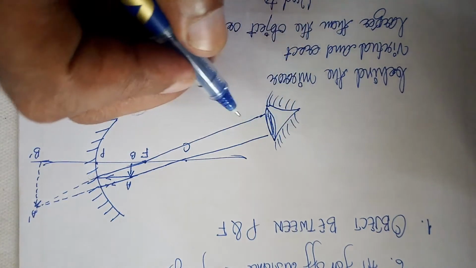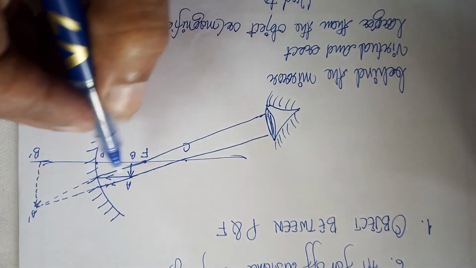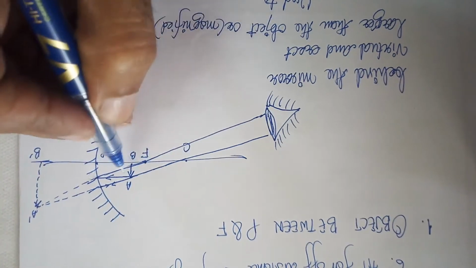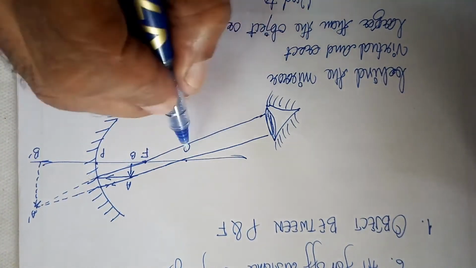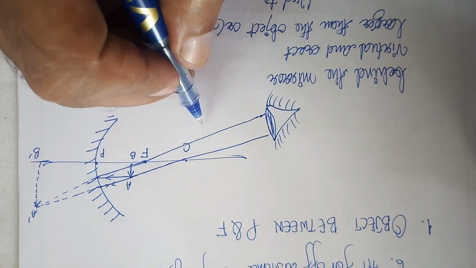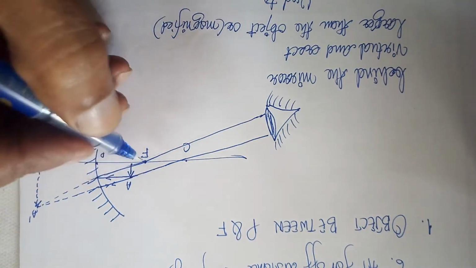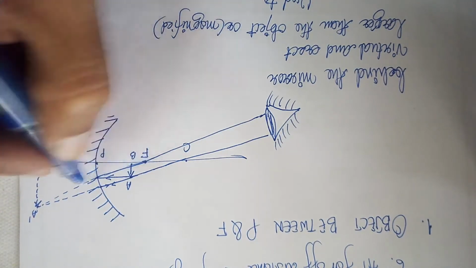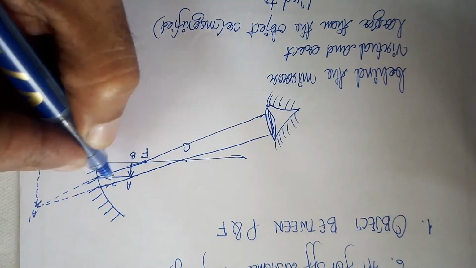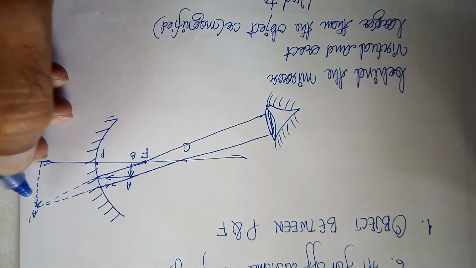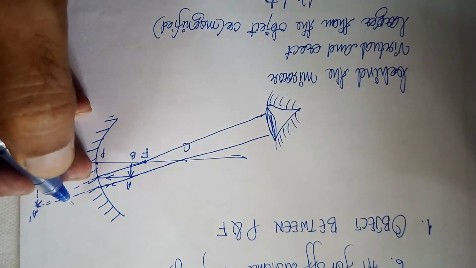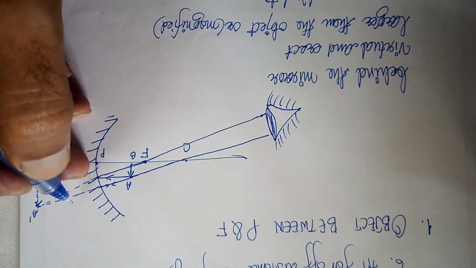Now the two reflected rays, this one and this one, do not intersect each other on this left side of this mirror. The reflected rays are produced back. If we produce these reflected rays backward, we will get a point where these two rays seem to intersect.